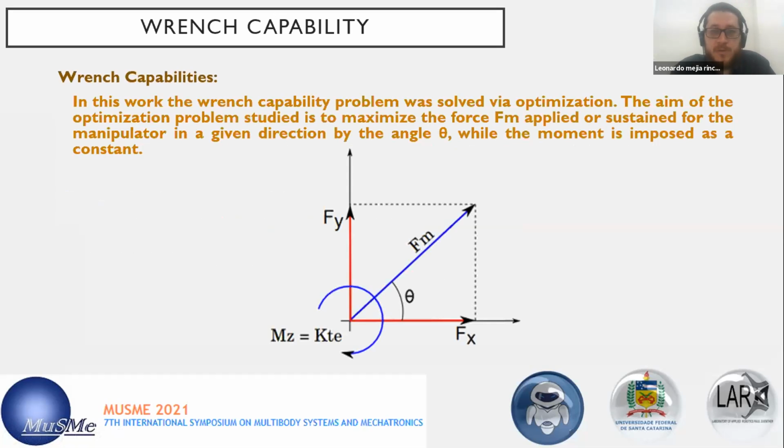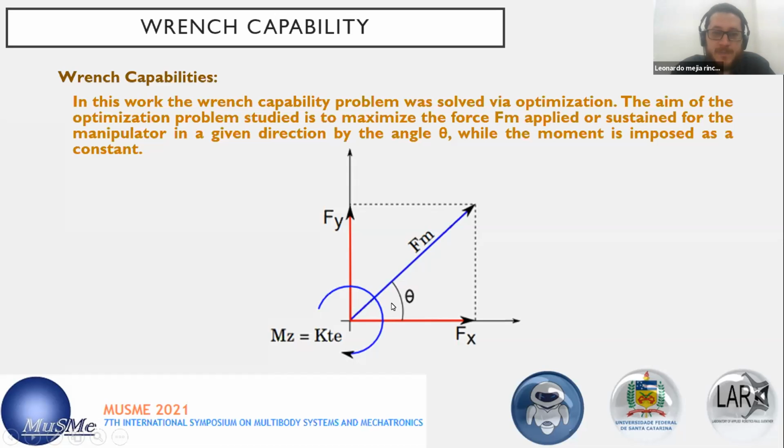So in order to better understand how the range capability was obtained in this study, we solved this problem via optimization. The aim of this optimization problem was to maximize the force applied at the end effector of the manipulator, this force called Fm, directed by a theta angle, while the moment at the end effector of the manipulator is imposed as a constant.